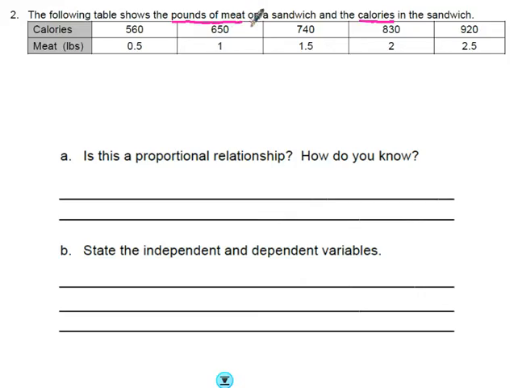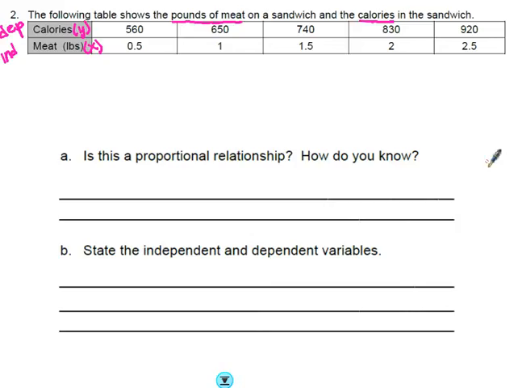We should all have the same understanding that the calories of food depend on how much of the food you eat. So calories depend on the amount of meat. In this case, calories is the dependent variable and meat is the independent variable. And remember, if it's dependent, we usually say that's the y value, and if it's independent, that will be the x value. So we already determined the independent and the dependent variables.